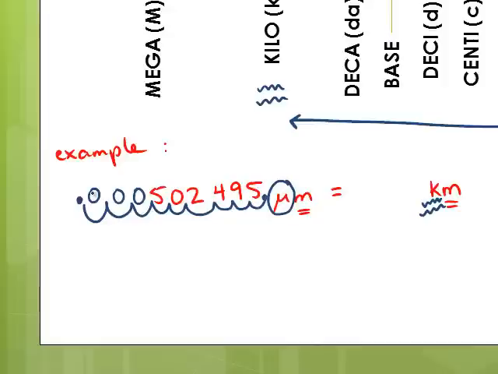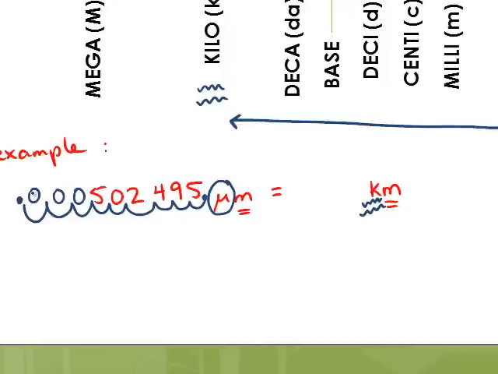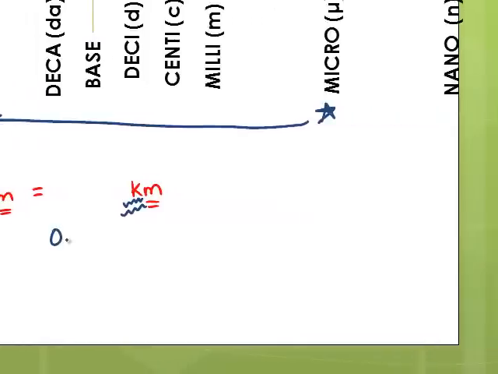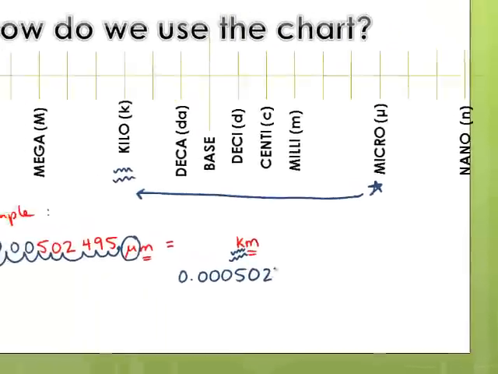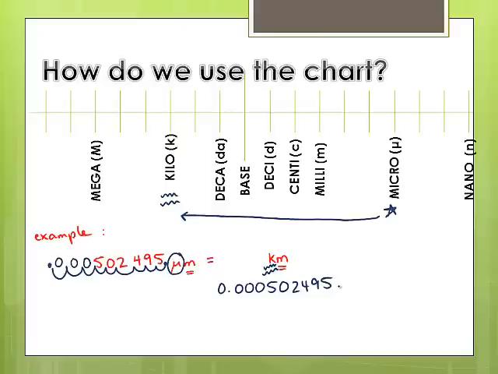So in kilometers, 502,495 is 0.000502495 kilometers. People quite frequently will look at it and go, well, do I have to write all those digits down? We'll talk about when you write and how many digits to write on another day.